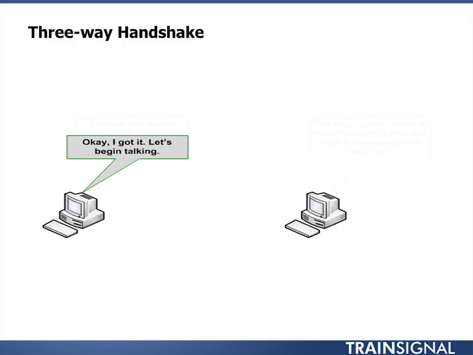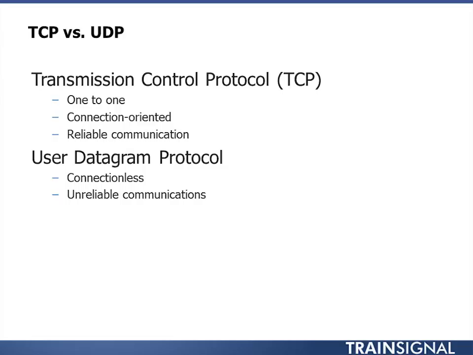Now that you have my information and I have yours, let's begin talking." This takes place before any actual transmissions take place. Each computer shares its information with the other so that it knows exactly how to communicate effectively. That is what makes it connection-oriented.